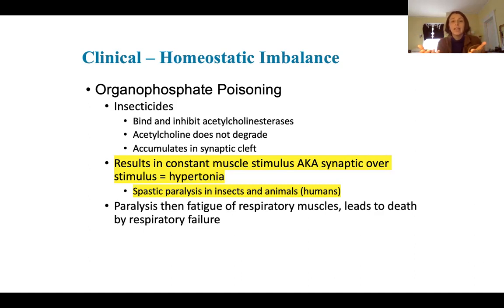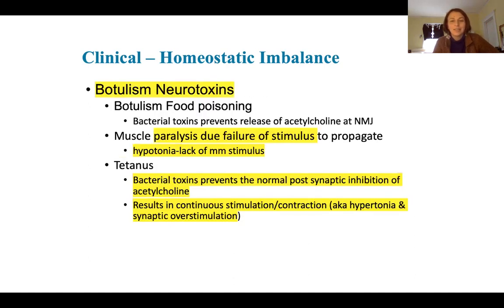But what happens is that you get spastic paralysis. When a bug comes onto the food to eat it, it no longer lives. It gets spastic paralysis. But we can be poisoned by that as well. That's what hypertonia is, that spastic paralysis. That's what that word means, and it's due to overstimulation.